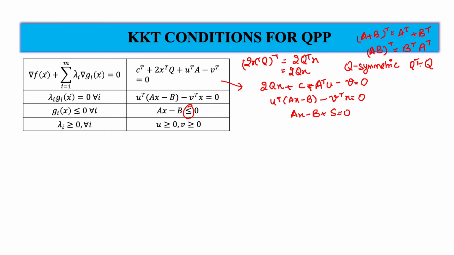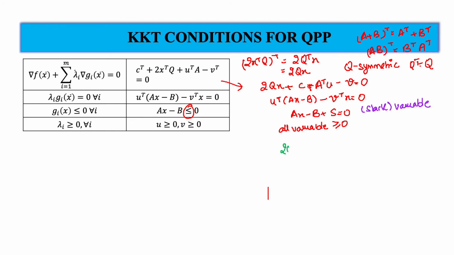Okay, so this s is a slack variable. And according to the fourth condition, all the variables will be non-negative.